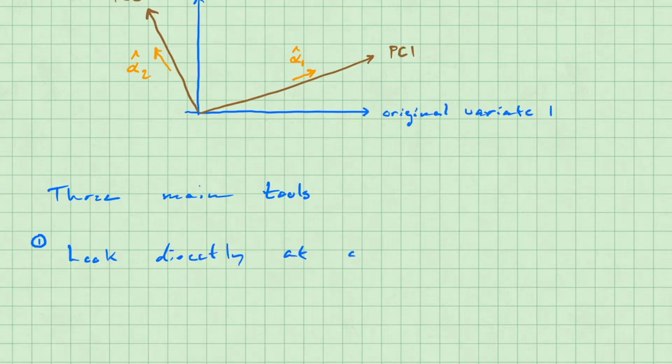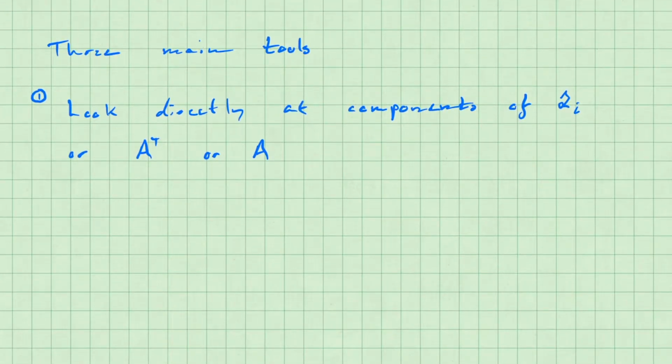So we'll say components of alpha hat i, or maybe you want to say the elements of the matrix A transpose, the matrix of loadings, or maybe you want to look at A in the form where the vectors are in the rows.